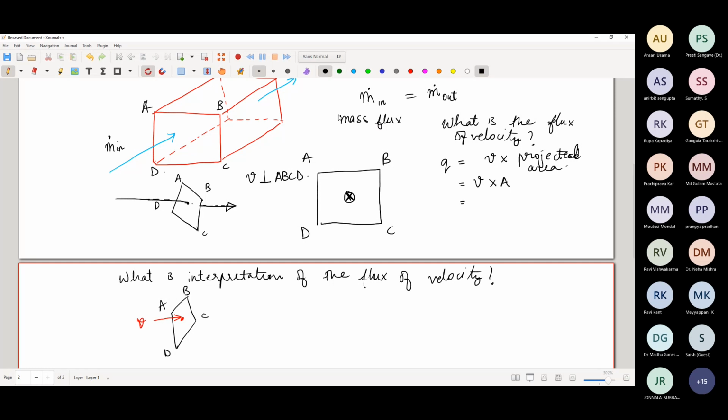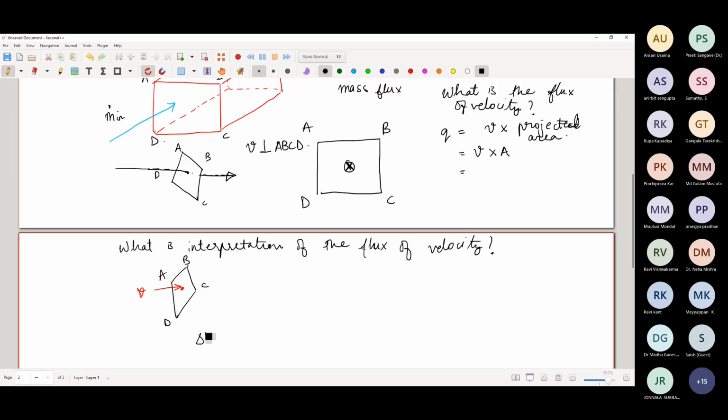Now after some time delta t, if this area were to move along with the same velocity, the area will not change, but A will now go to A prime, B will go to B prime, D will go to D prime, and C will go to C prime.